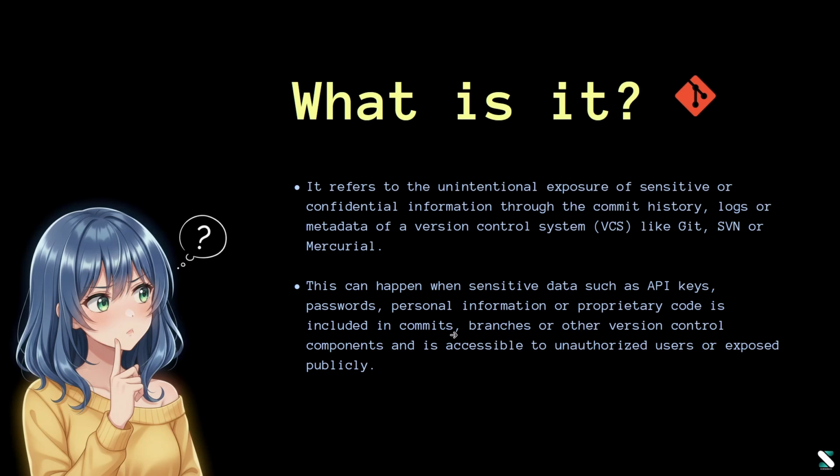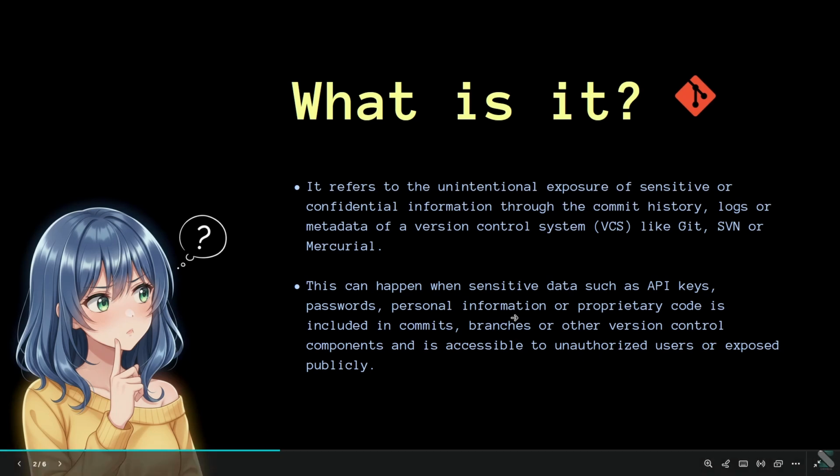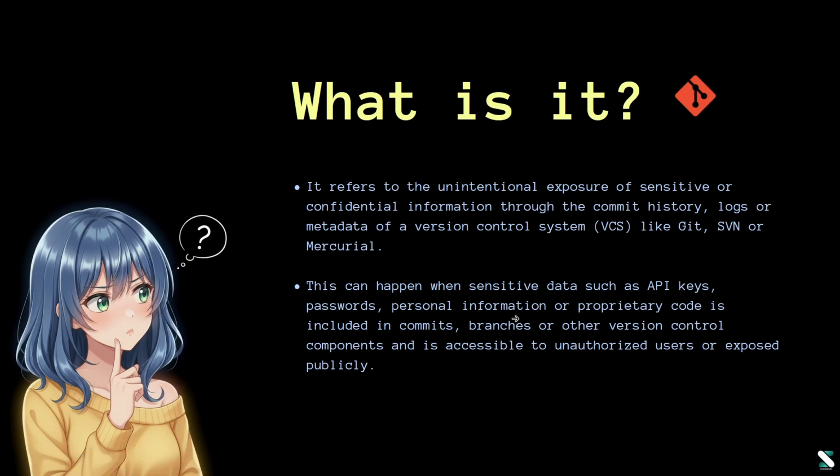If it is included in any commit, branch, or any version control component, and it is accessible to an unauthorized user or exposed publicly, it can be accessible to any user who is navigating the web or trying to access the web application. That is the topic for today.